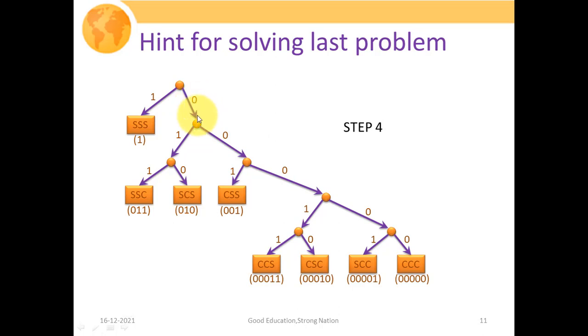These branches show us that a particular branch is made up of which two sub-branches. This is the meaning of the coding tree. So this 0 was obtained via the summation of these two sub symbols, and again this particular sub symbol was obtained by adding these two symbols, that is SSC and SCS.